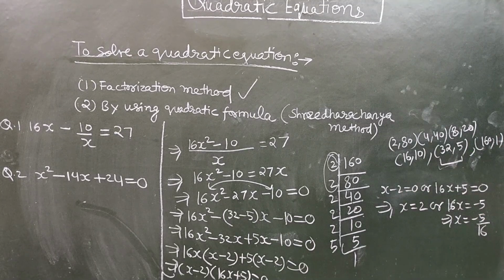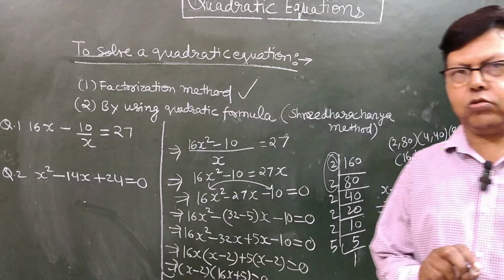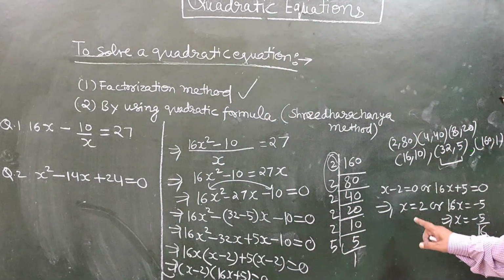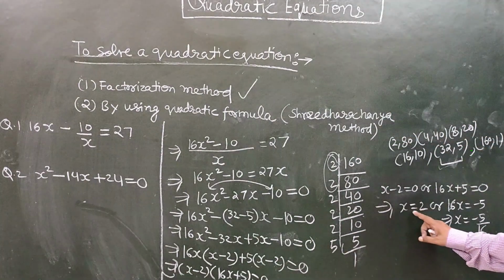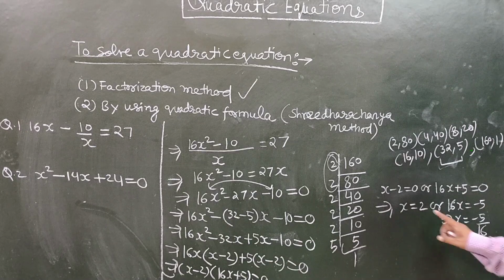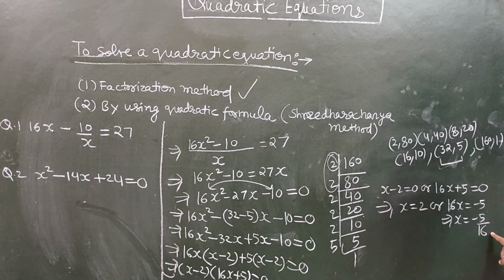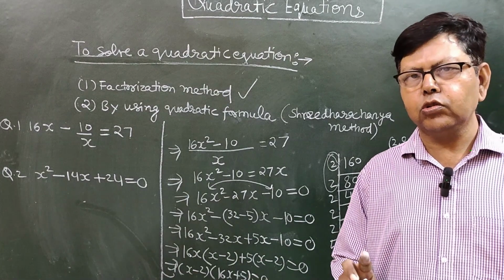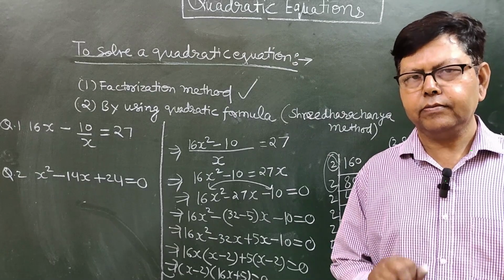So we can say the two zeros of this quadratic equation are either x equal to 2 or x equal to minus 5 upon 16. So in this way we can find the zeros using factorization.